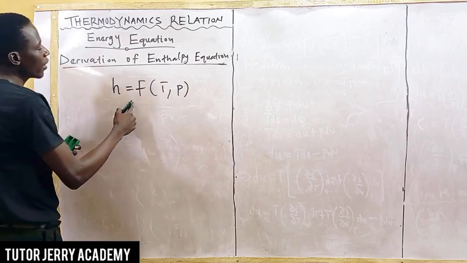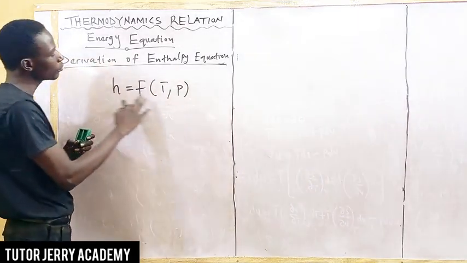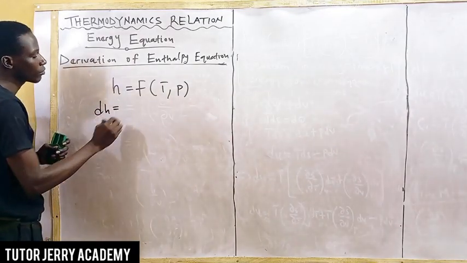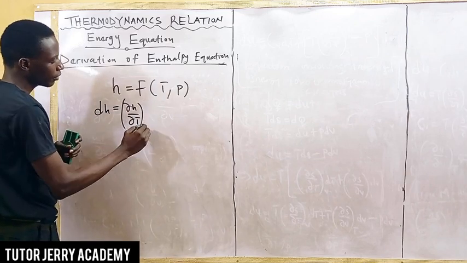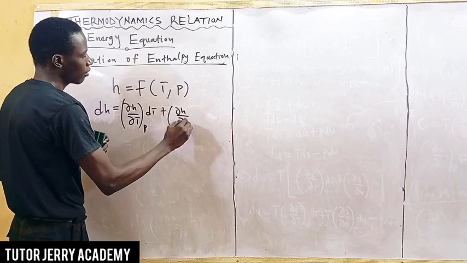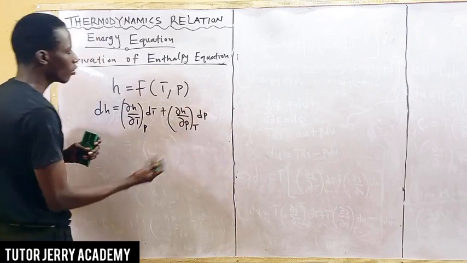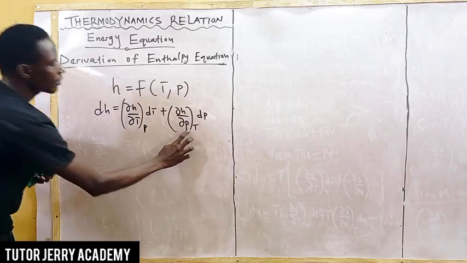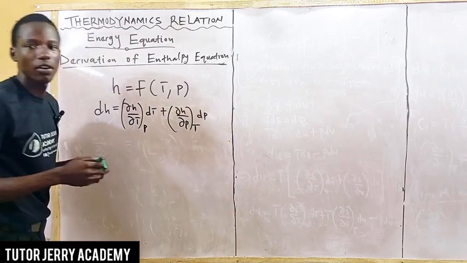So if we have enthalpy H equal to a function of temperature and pressure, where H is the dependent variable, having T and P as the independent variables, we can say that dH is equal to the partial derivative of H over the partial derivative of T, keeping P constant, dT, plus the partial derivative of H over the partial derivative of P, keeping T constant, dP. This has been derived in our previous video, so you can refer back to it for more understanding.